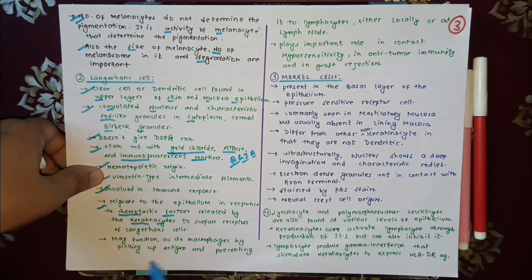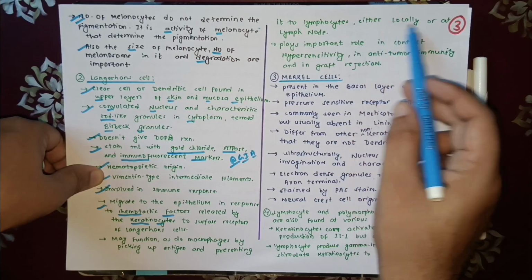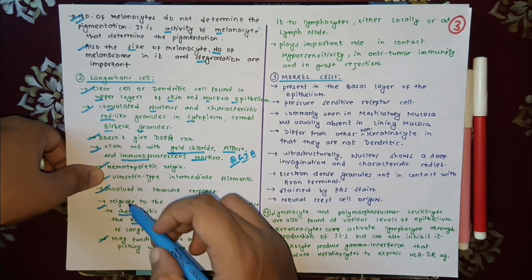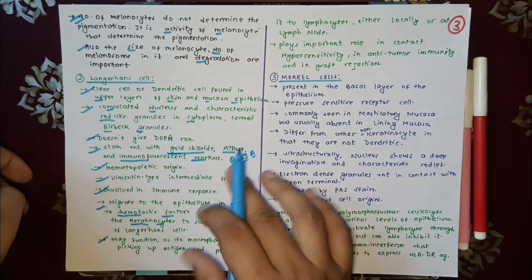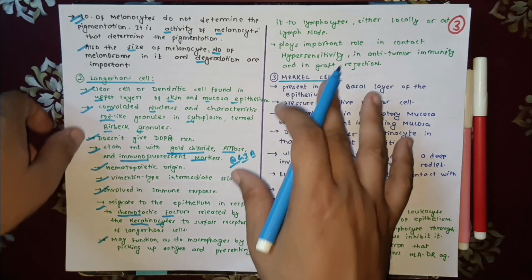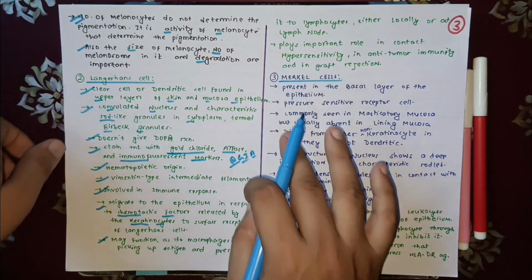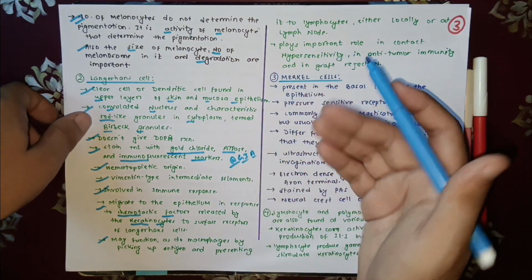It may function as the macrophage does, by picking up the antigen and presenting it to the lymphocyte either locally or at the lymph node. So the Langerhans cell is mostly an antigen presenting cell, and the macrophage is also an antigen presenting cell.